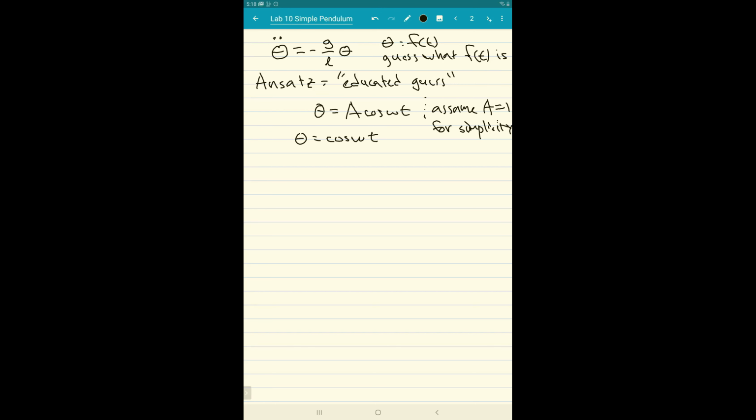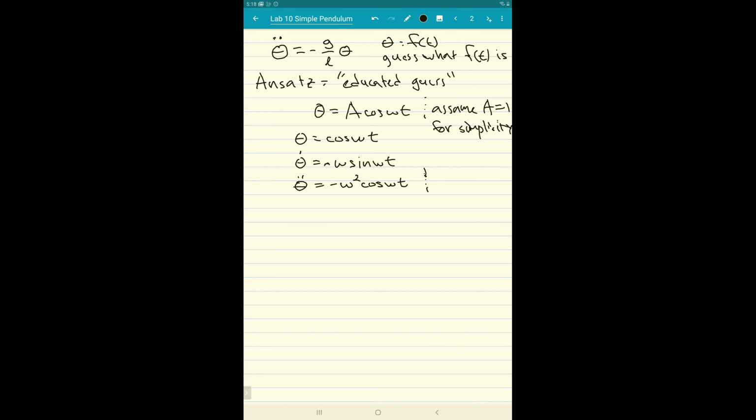Now, theta dot, which is the derivative, is going to be negative omega sine omega t. I do my chain rule there, taking the derivative of my cosine. Negative pops out. Theta double dot is negative omega squared cosine omega t.